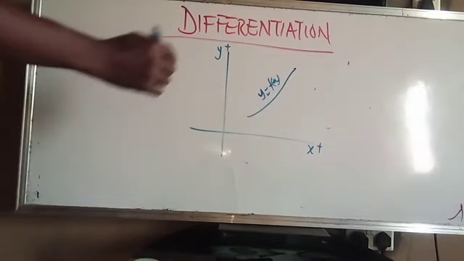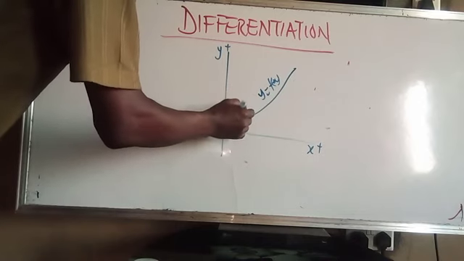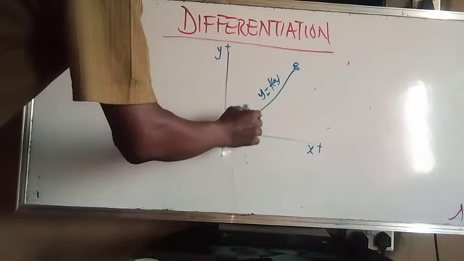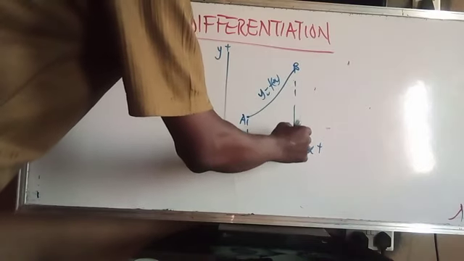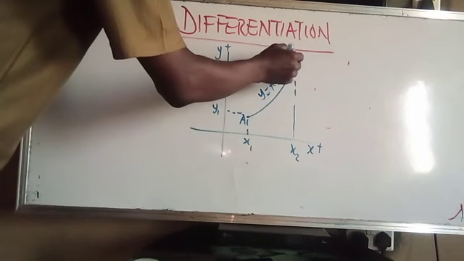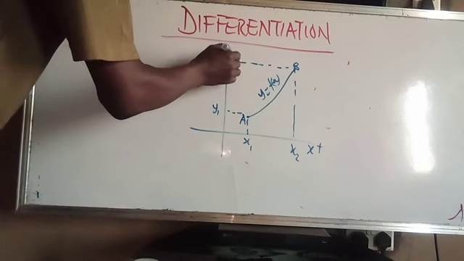It's a curve. So you observe clearly that we can extrapolate these points A and B to the horizontal. So here we have x1. Similarly here, x2. And when we come here, we have y1, and when we come here, we have y2.